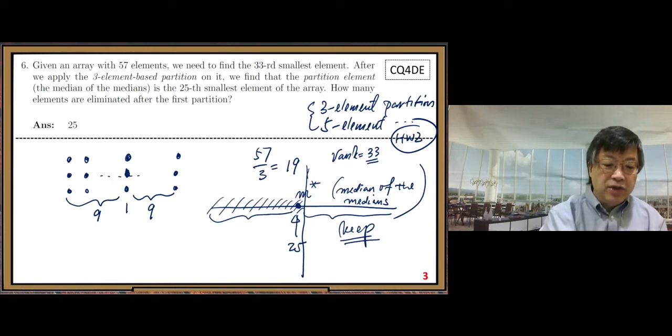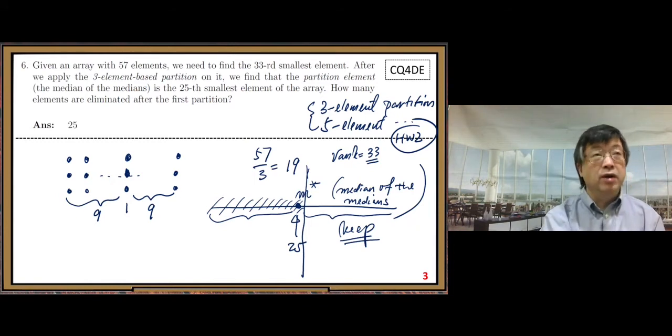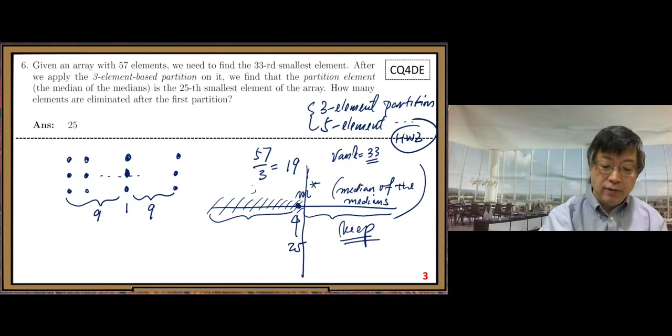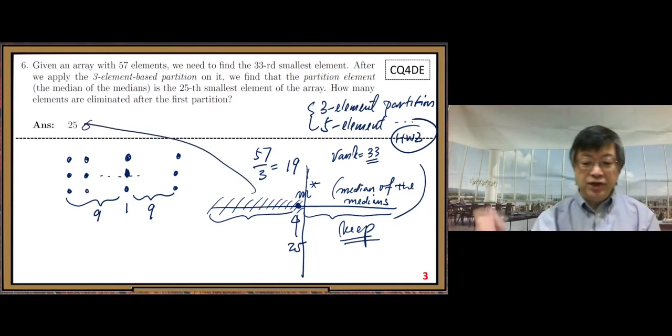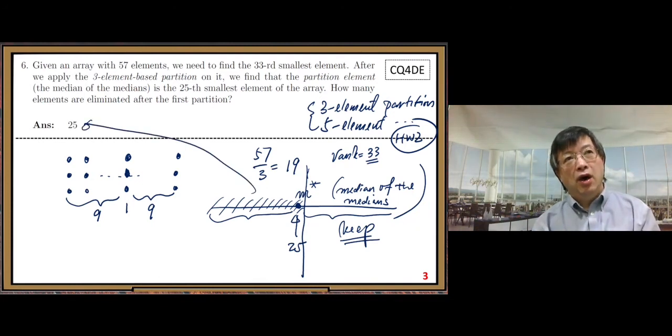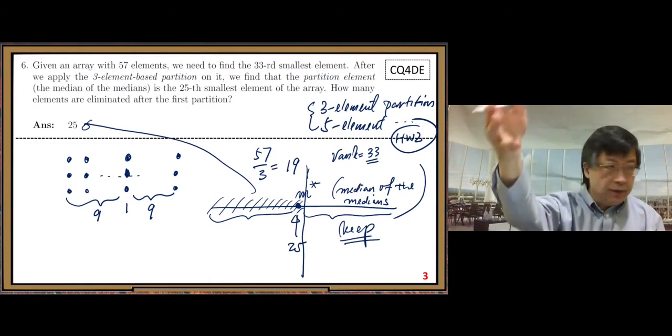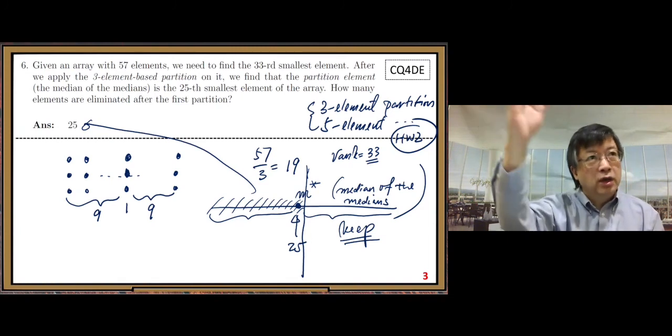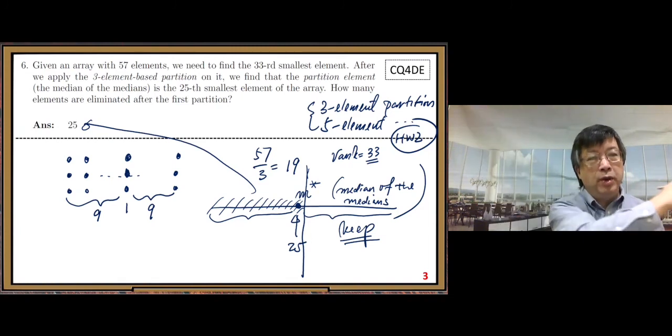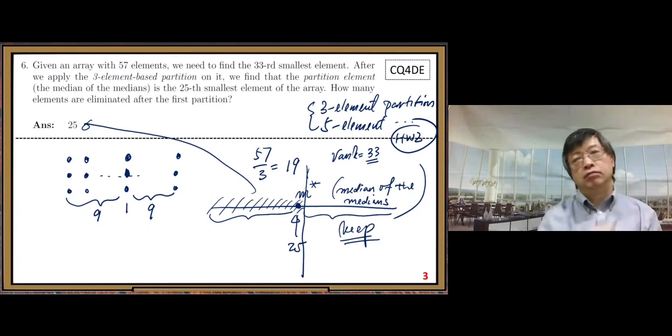So now the answer. How many elements are eliminated after the first comparison? This number, 25. That's the reason. All the elements at the left-hand side of the partition element M star, including the partition element, should be dropped. That's the answer. So you can see this is a very straightforward question.